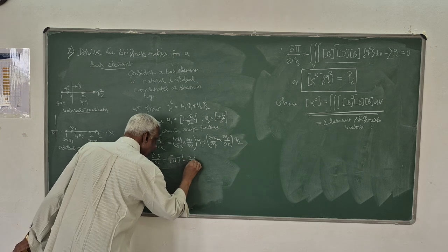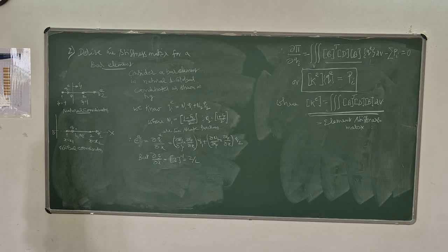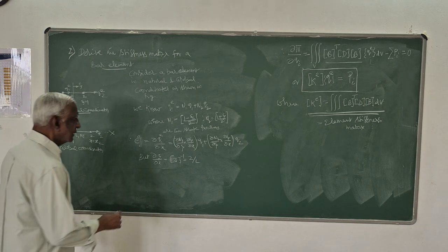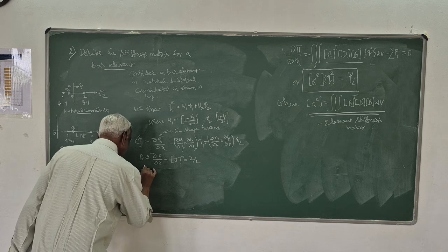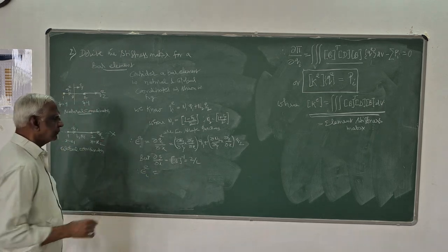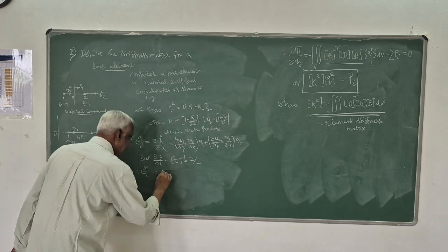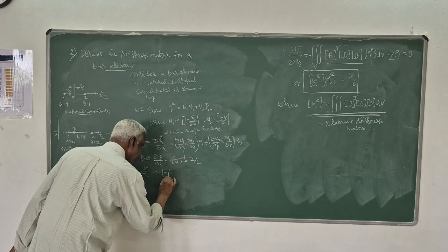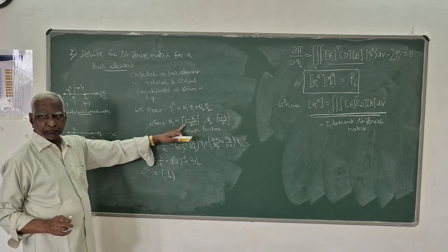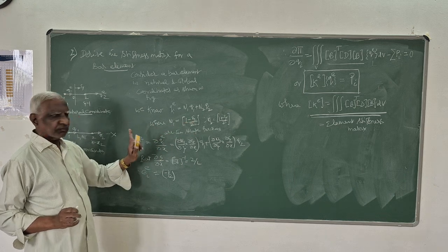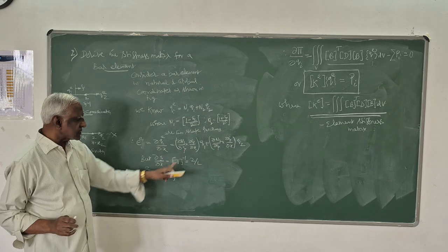It is 2 by L. So therefore epsilon is equal to dN1 by dξ. It is minus half. The differential coefficient of 1 is 0, minus ξ by 2 is minus half.